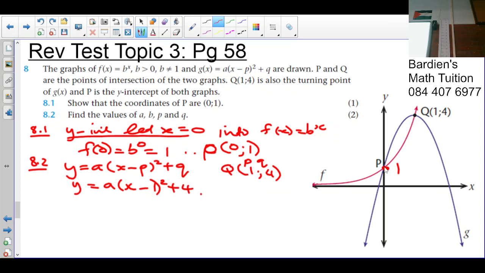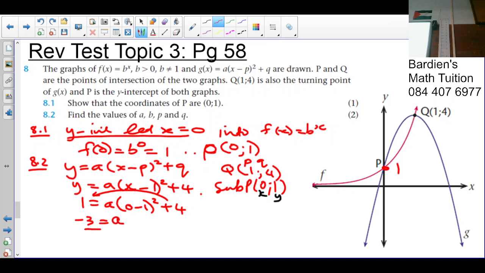Then we still need to work out our a. Now at this point I'm going to substitute a point that's lying on this graph, which is P, and P is 0 and 1. Remember, that's an x and a y. So 1 is equal to a into 0 minus 1 squared plus 4. Take it over the equal sign, it becomes 1 minus 4, which is negative 3. 0 minus 1 is negative 1, squared is 1. So a is equal to minus 3.